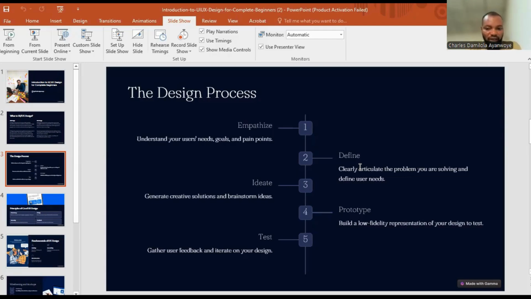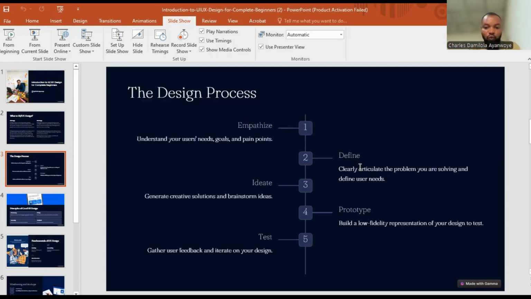Remember, in UI UX, in this session that we're having, we are much more focused on what? On a digital product. And a digital product can either be a mobile application like Kuda Hub, like the GT Bank Hub, like Access Bank Hub, like MoneyPoint Hub. These are finance hubs. Do you understand?